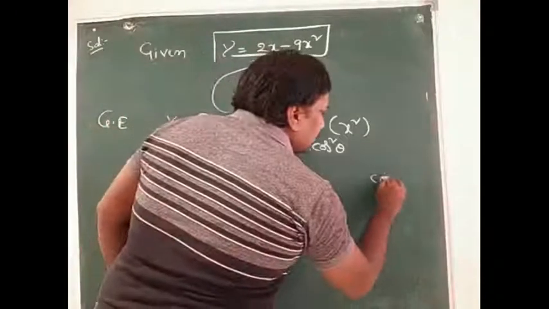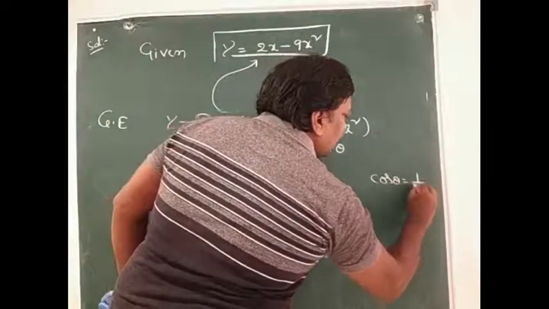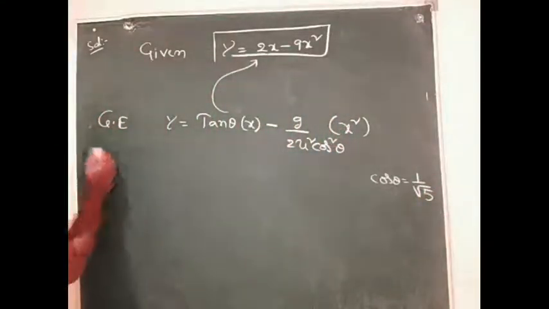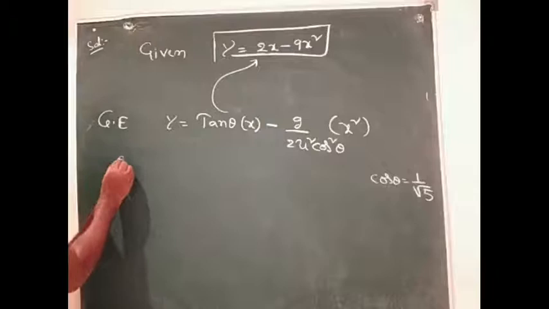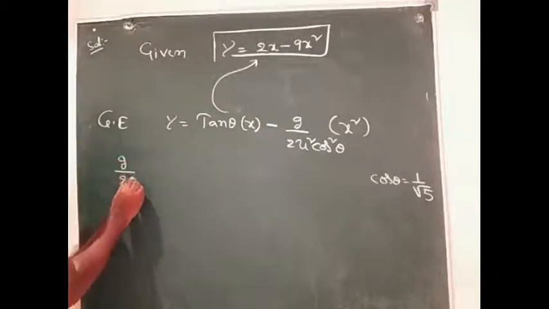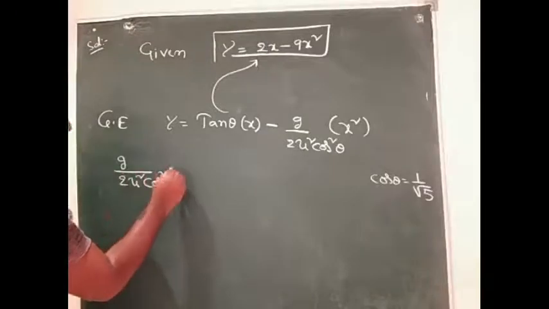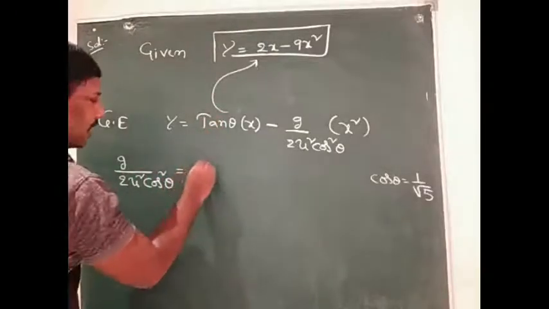So cos theta equal to 1 by root 5. Therefore g by 2u square cos square theta is equal to 9.